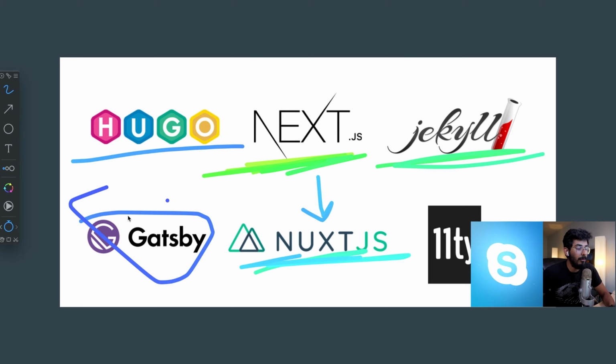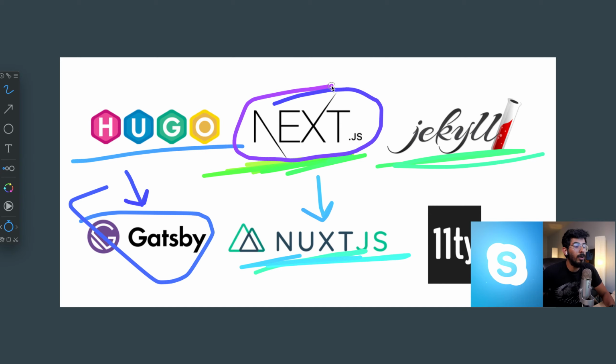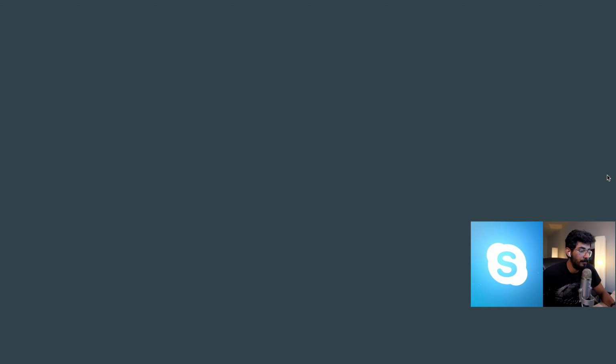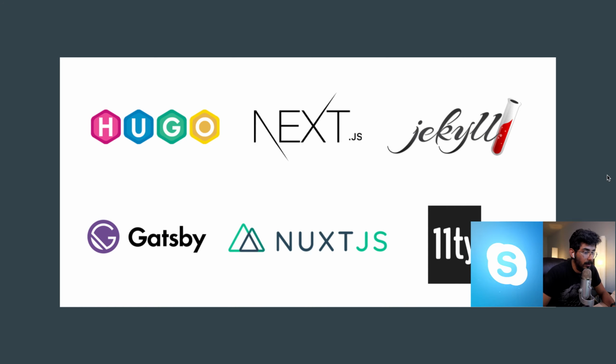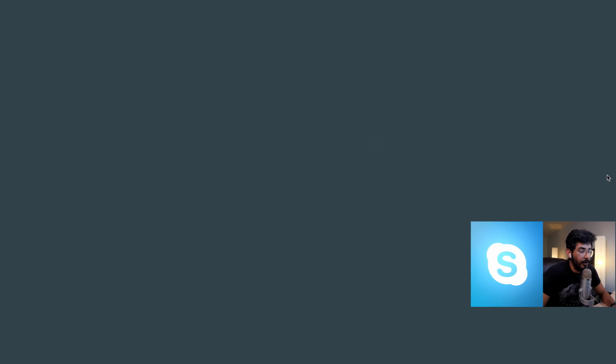One thing I'll recommend: if you want to do a static site, use Gatsby. If you want speed in a dynamic app that you're building and you want more scalability, pick Next.js. Between these, those are the two I would recommend. And Gatsby works very nicely with React as well. So there you go.